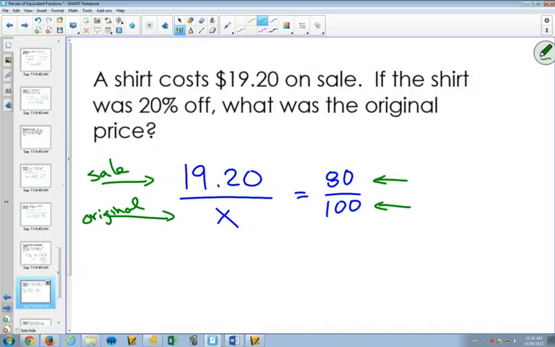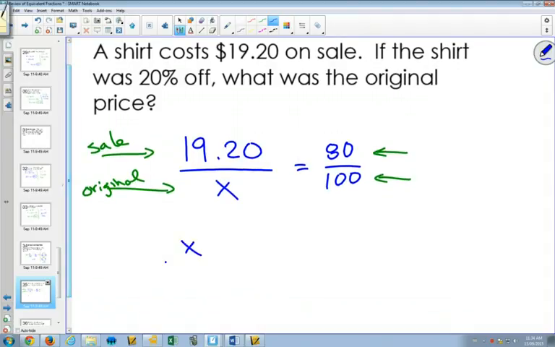Now, algebraically, a review. How did we solve these ones where the x was on the bottom? We had an extra step. We flip it first. So we flip both of our fractions. That still makes the fractions equivalent. And now our x is being divided by 1920.